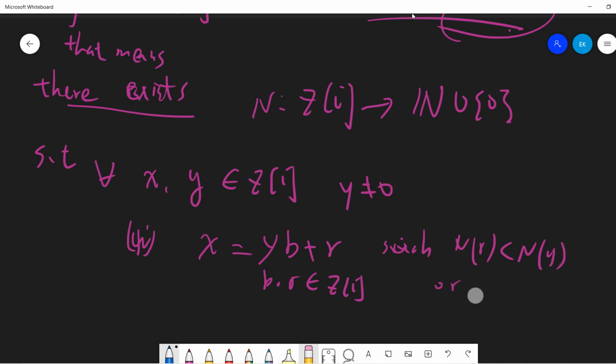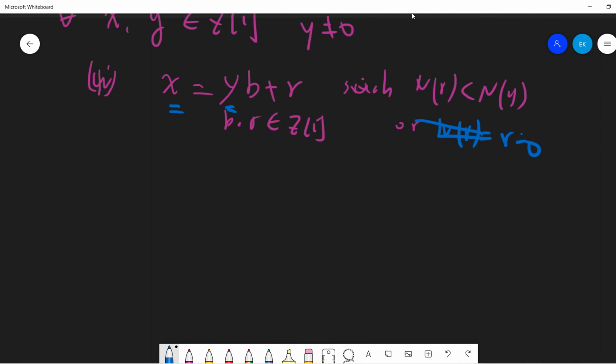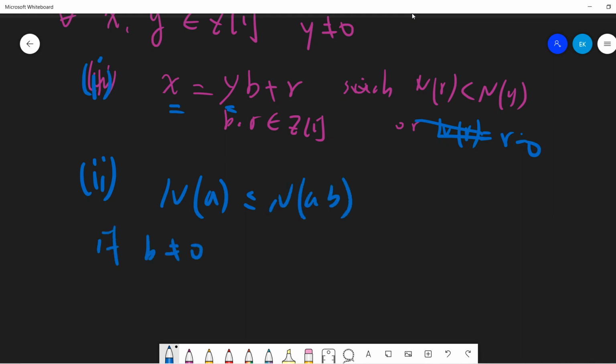So we have two cases. Given any x and y, we can directly do the division. And the second condition is that if b is non-zero, then for any a, N of a times b must be larger, so it must increase.